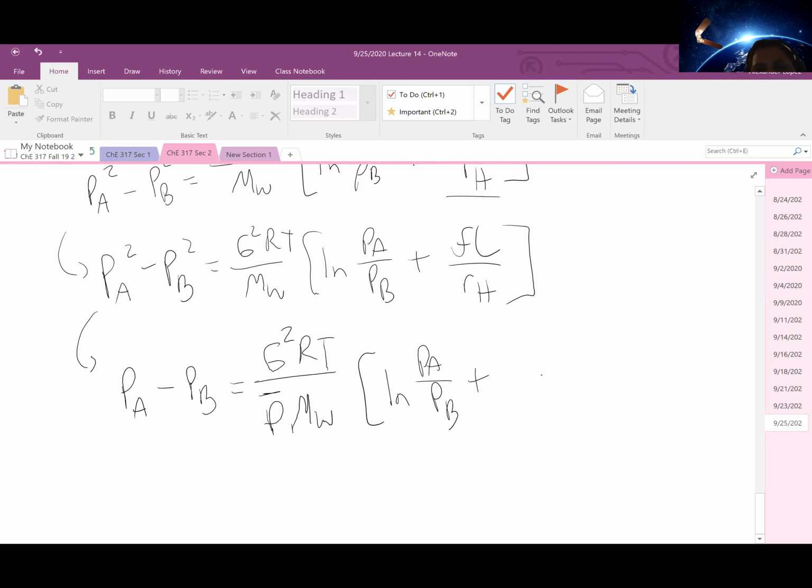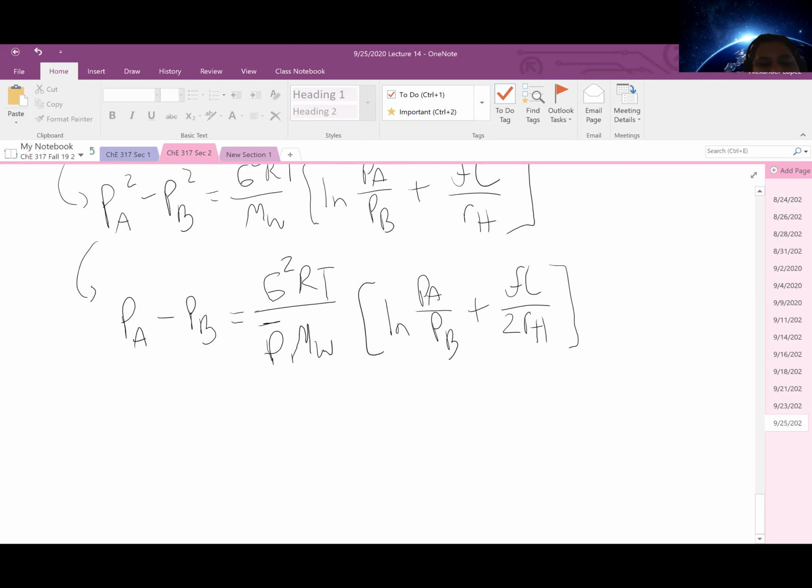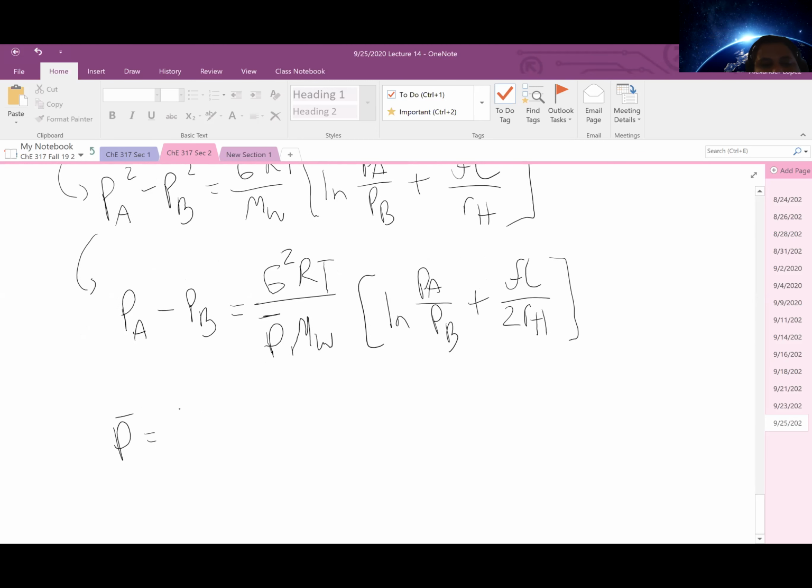It's more useful if you don't have access to a computer to assist in your calculations. But it is there for those that are interested. And that PB bar is just PA plus PB over 2.